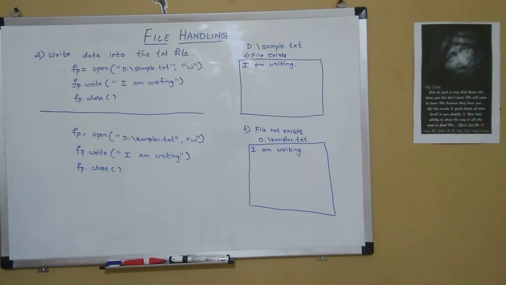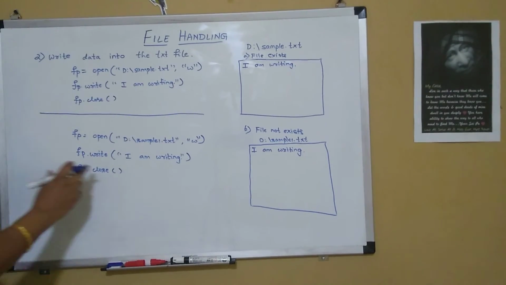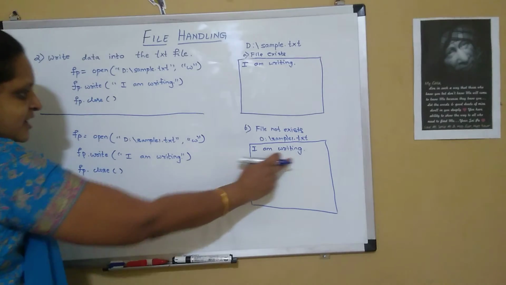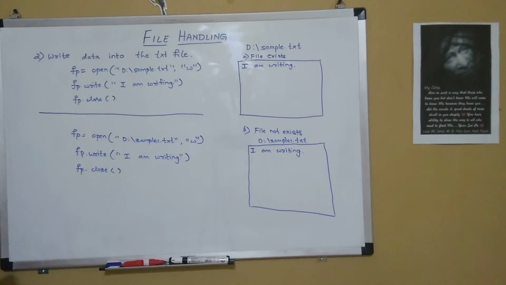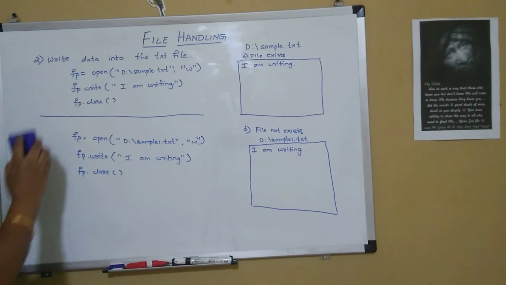So basically if the file exists, it will overwrite with the new contents, and if the file does not exist, it will create a new file and write the contents from the beginning of the file. So this is how the write mode works in Python.